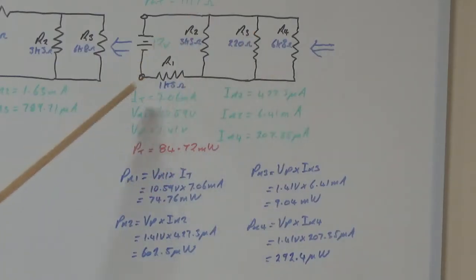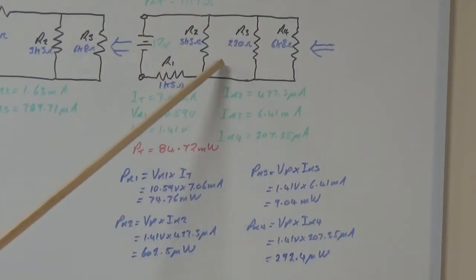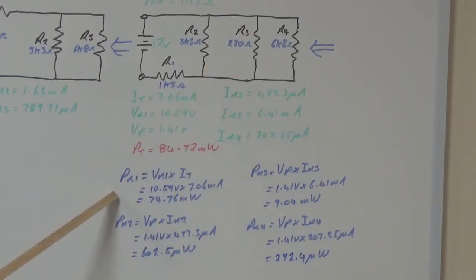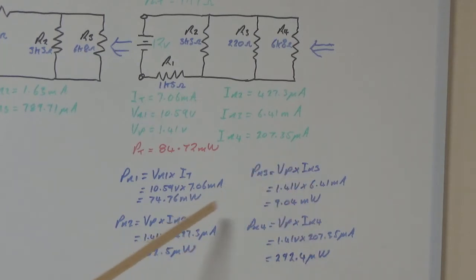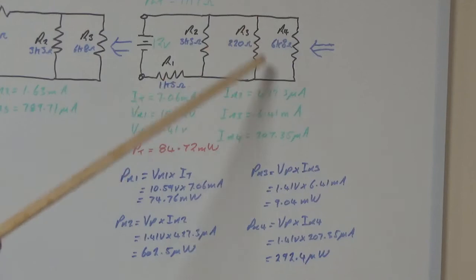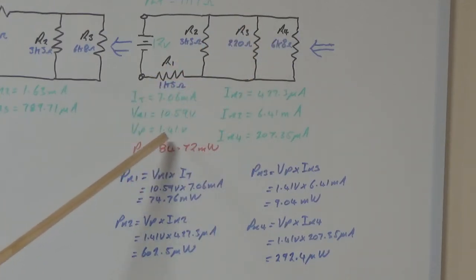So we've done the same thing for this circuit here, containing 3 parallel resistors and a series resistor. The power consumption of R1 worked out to be 74.76 milliwatts. For the parallel sections, keep in mind that you must use the voltage drop across that parallel section, which we worked out is 1.41 volts.